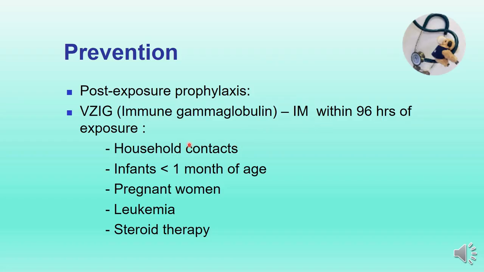So the household contacts or all the individuals who are exposed, even the doctors who are exposed to the case and who never got chickenpox infection or vaccine, should get varicella zoster immunoglobulin. Infants less than 1 month of age, pregnant women, leukemia patients, and those who are getting steroid therapy should all get varicella zoster immunoglobulin if they come in contact with the case.